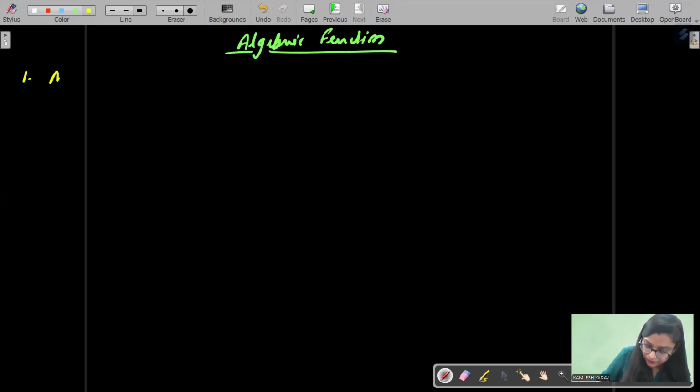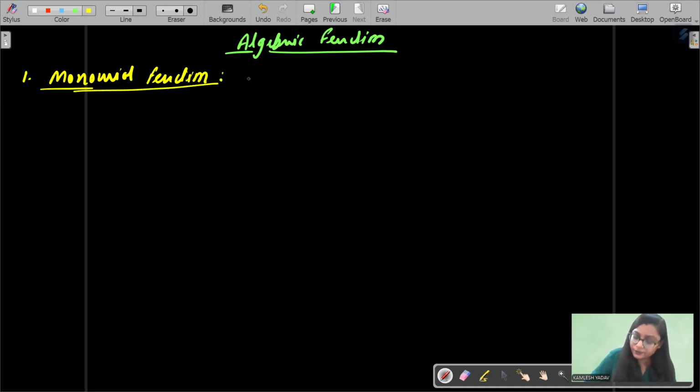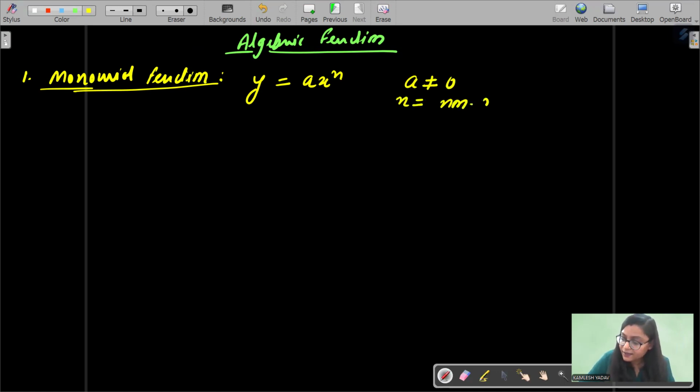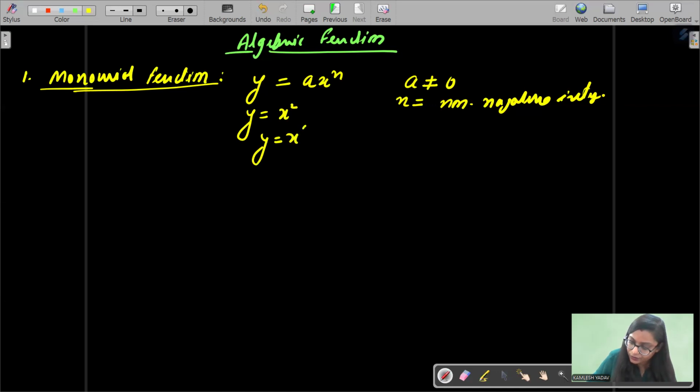A monomial function is of the form y equal to a into x to the power n, where a is not equal to 0 and n is any non-negative integer. Examples of monomial function are y equal to x square, y equal to x cube.